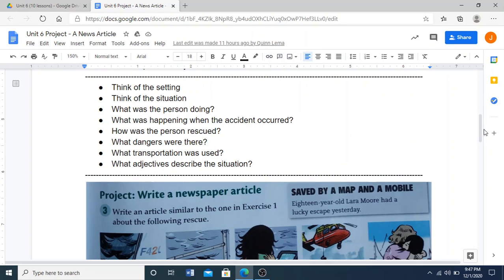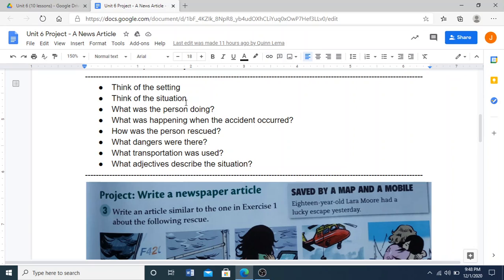So these are a few steps to help you in planning your article. First, think of the setting where the accident happened, the place where this rescue will be taking place.